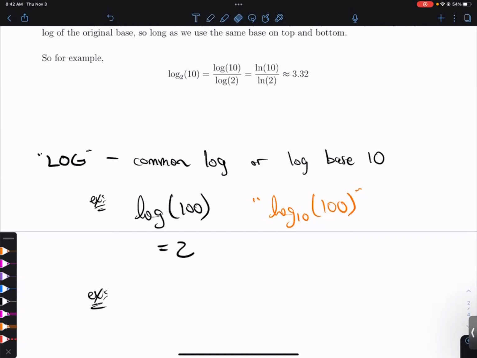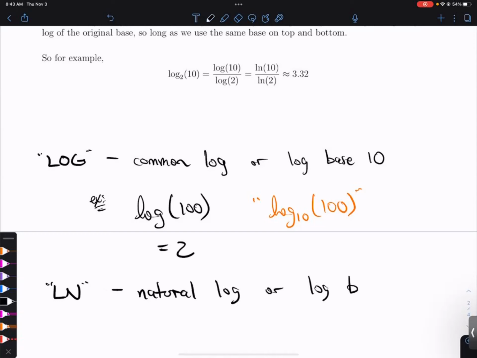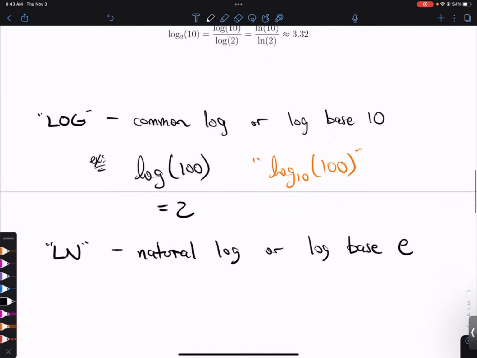ln means the natural log, or the log with base e. We talked a little bit last time about the fact that in a lot of modeling, especially in the hard sciences like biology and chemistry, e comes up all over the place.